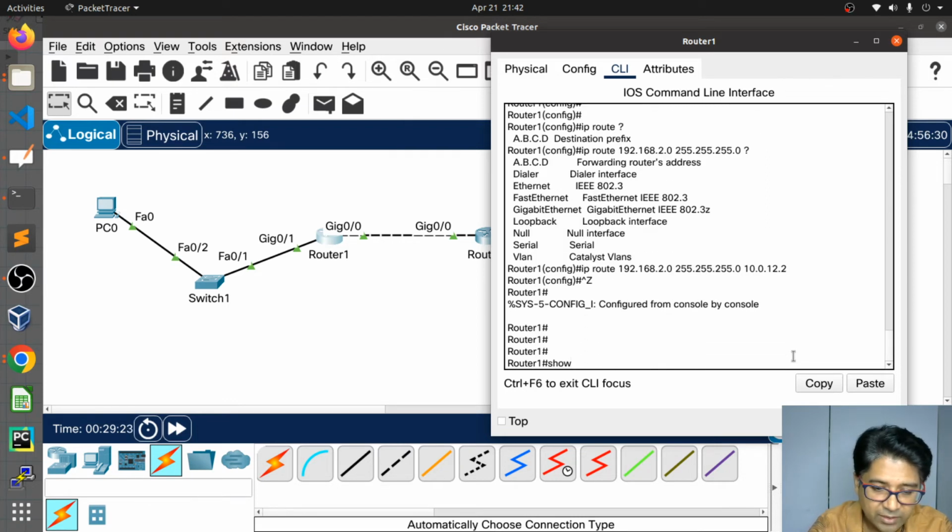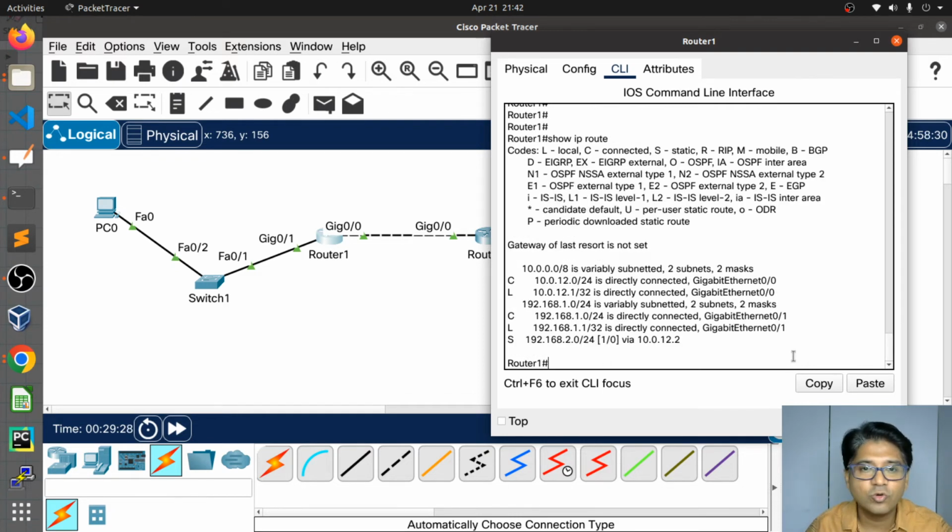So show IP route. What will it show you? One route is added. Can you see? And S is static. Are you able to see this screen, guys? They added S as a prefix. It is not an L, it is not a C. L is for the local route, C for the connected route.